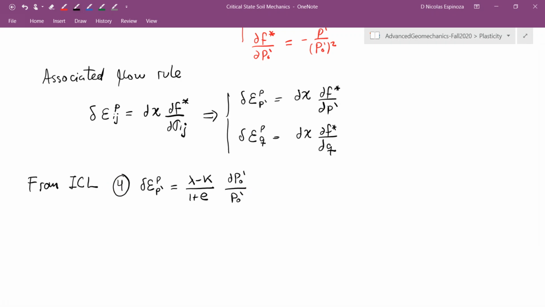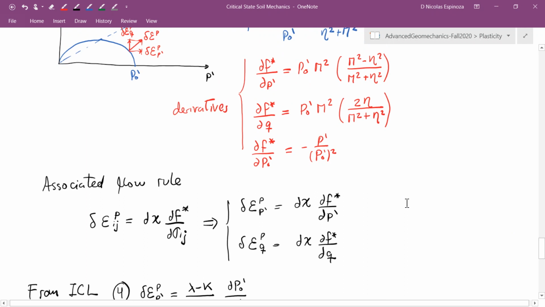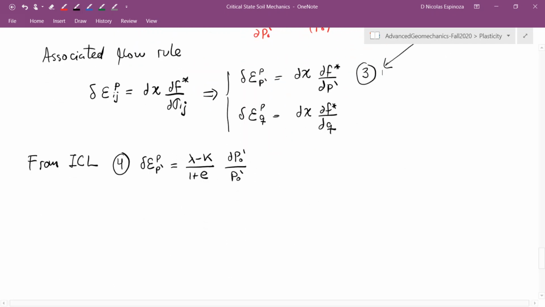Let me now combine what I had from the flow rule and from the yield surface. If I call this equation number 3, and I take into account this derivative and replace it in there, what I obtain is the following. I know the derivative, I know this part, so the only thing I have left that I don't know yet is the hardening parameter.